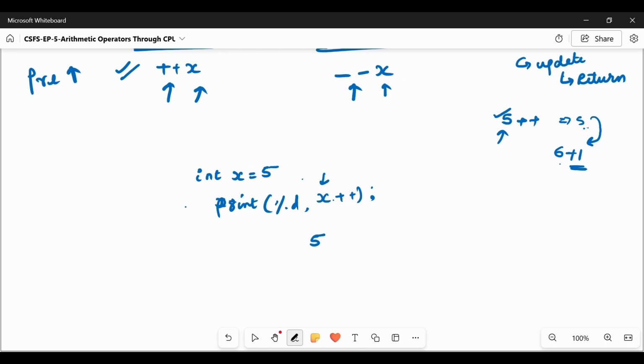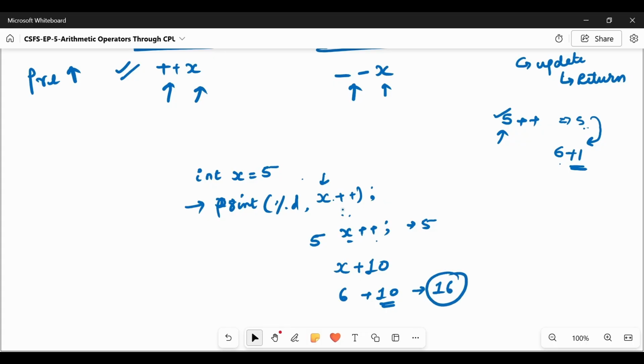In the case of printing, you simply do some arithmetic operation, x plus plus, the value here is 5, and when you are using the value in the next statement, like x plus 10, there the value will become 6, and then you will add 10 to it, it will become 16. So it is like update and return. When we are reusing it, we will be reusing it with the new value.